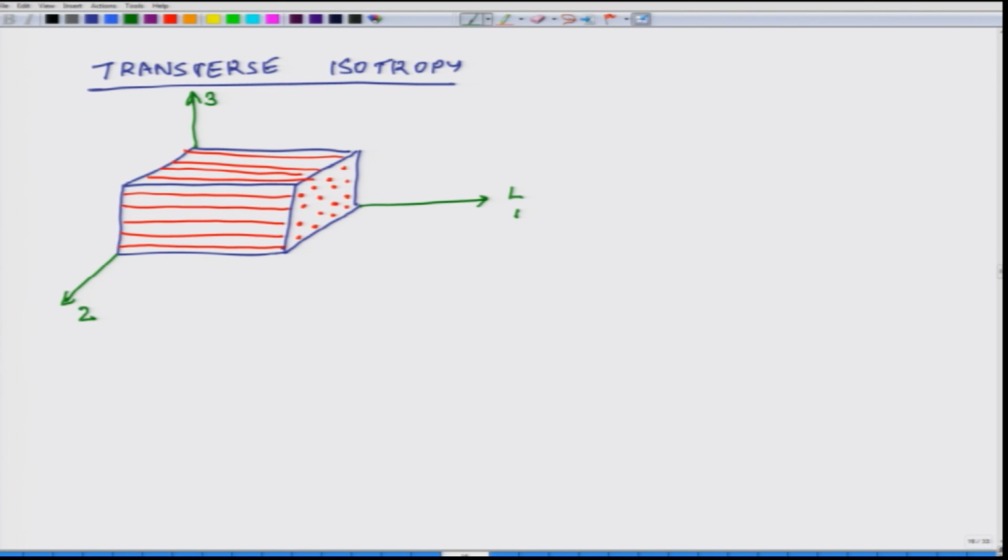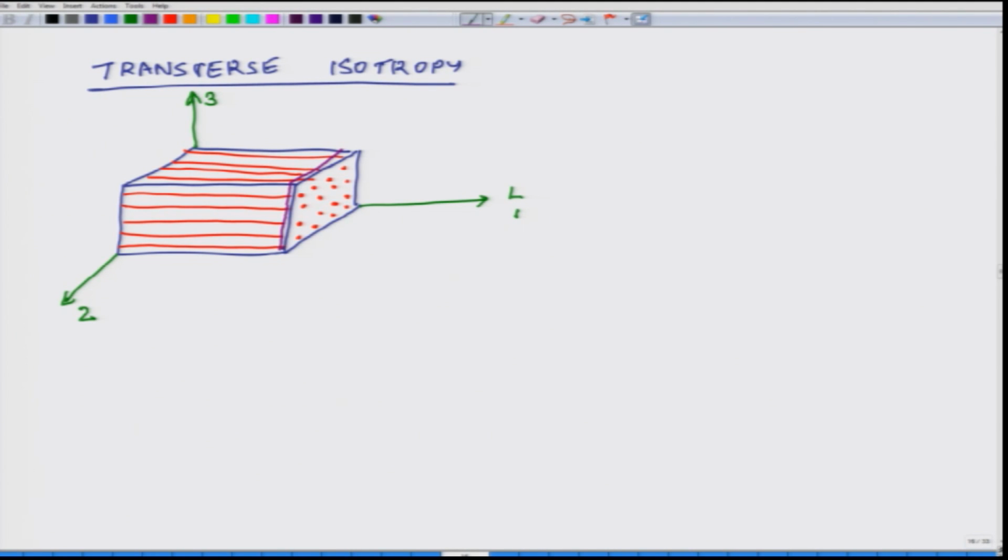So, now this material, if I cut a plane, if I cut a slab of this material like this, and then if I try to find its modulus in the 2 direction and 3 direction, it will be same, right.